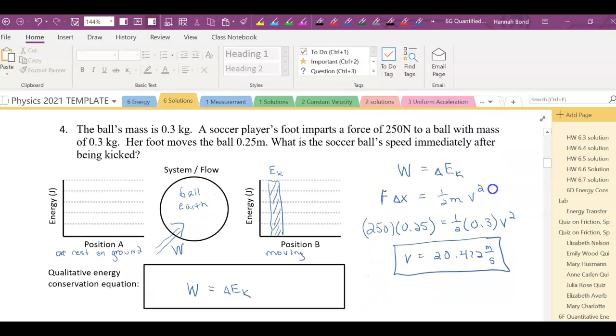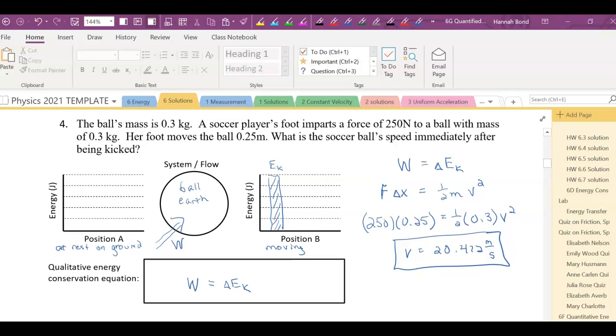In number 4, a similar situation, in the sense that our conservation equation looks the same. But here, instead of inferring how much work was done by looking at how much energy was transferred, we calculated the work that was done by taking the external force that was applied and multiplying it by the displacement that it caused.